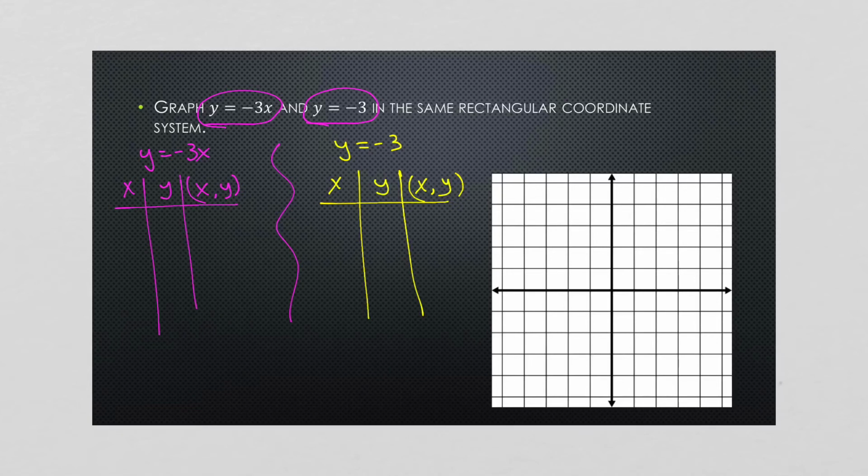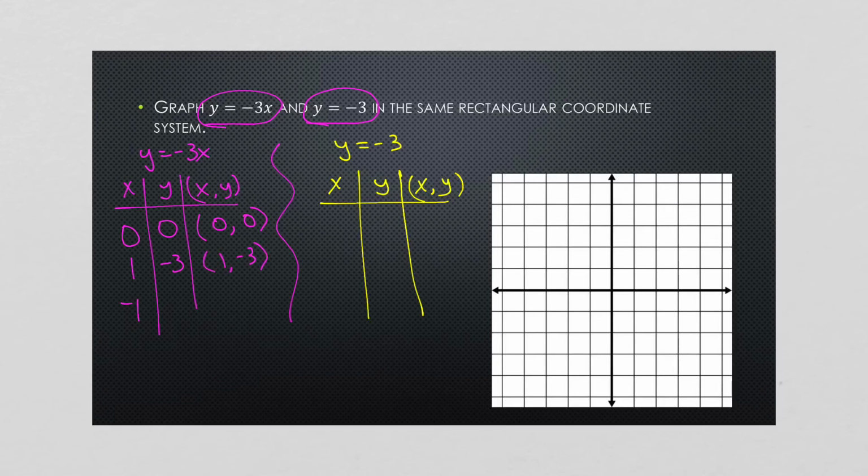Alright, so on the pink one, I'm going to pick values of x that make my life easy. So 0, let's say 1, and negative 1. So if I put in 0, then I get out 0, because negative 3 times 0 is 0. Okay, whenever I put in 1, I get out negative 3.